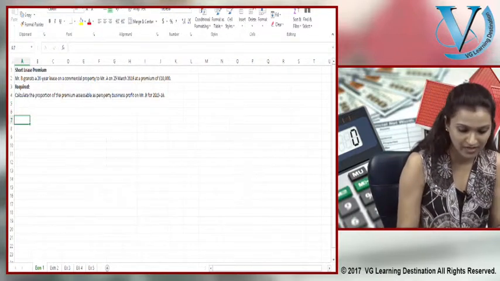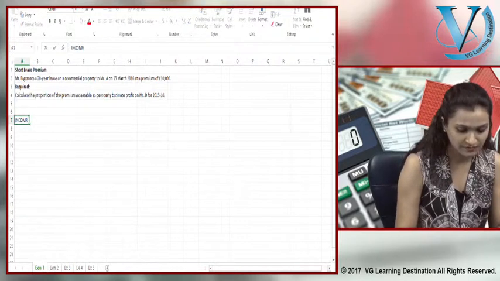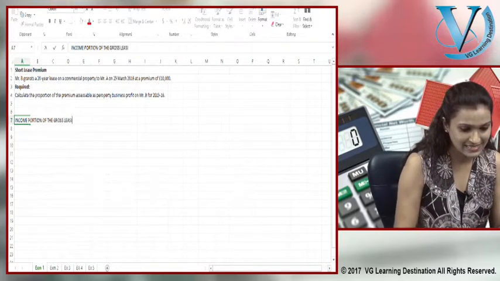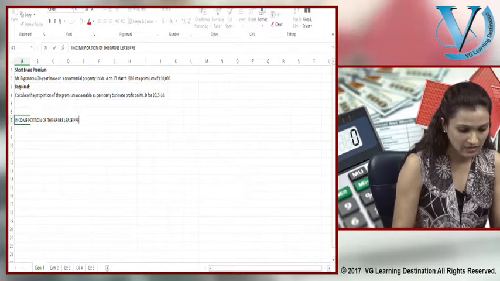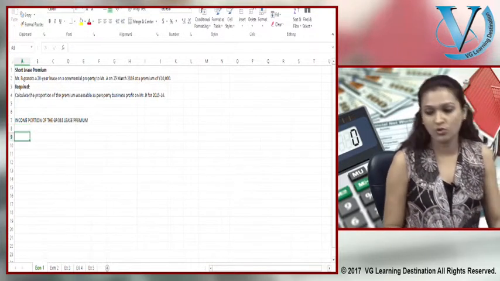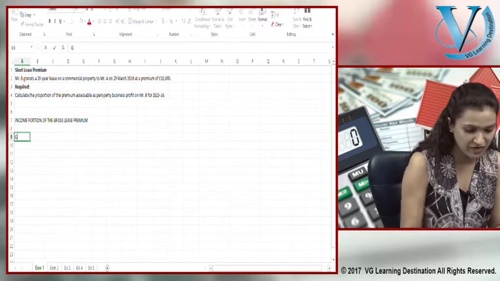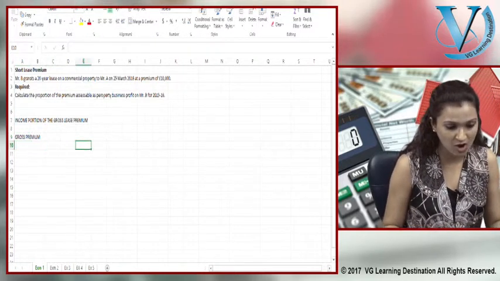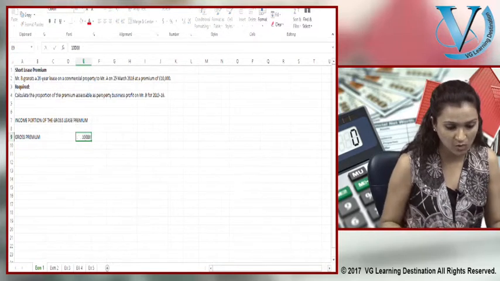So you start off by calculating the income portion of the gross lease premium. How do you do that? You start with the gross premium first. Gross premium given to us is how much? £10,000 in the question.